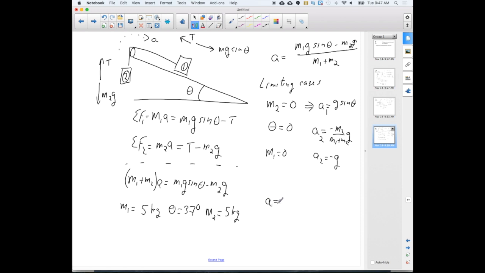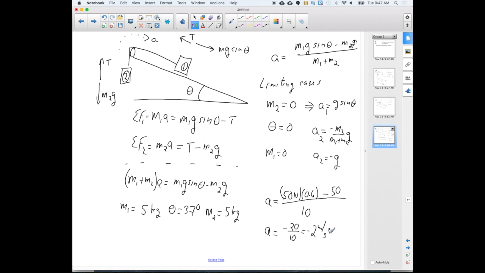A is equal to 50 newtons times 0.6, that's the sine of 37 degrees, minus 50 over 10. So A is going to equal minus 20 over 10, which is minus 2 meters per second squared. So don't let the fact that we guessed the direction wrong scare you. You just come up with a negative acceleration.